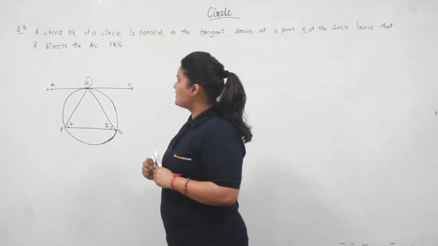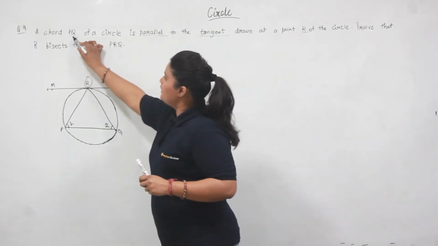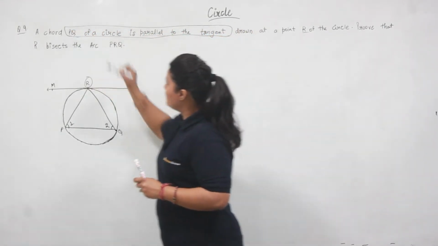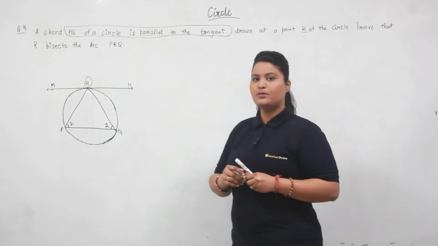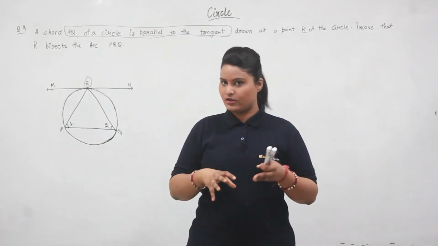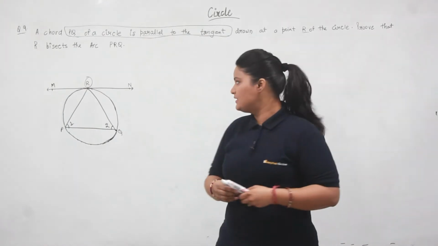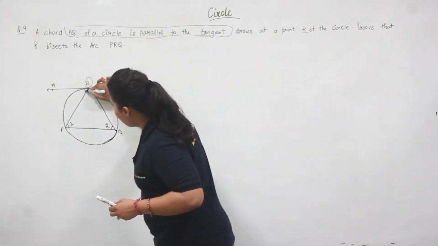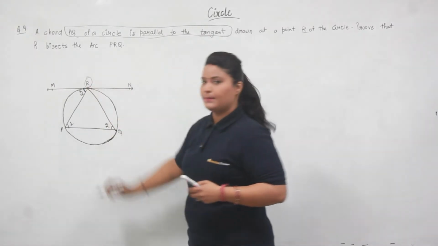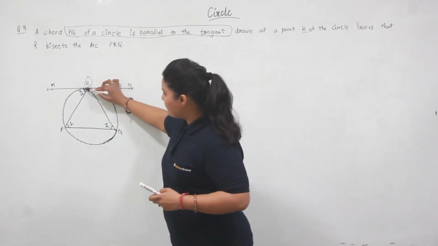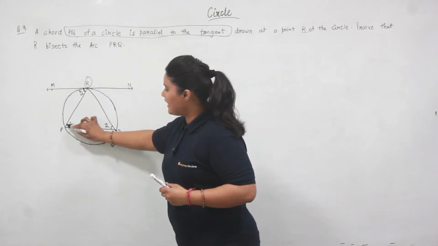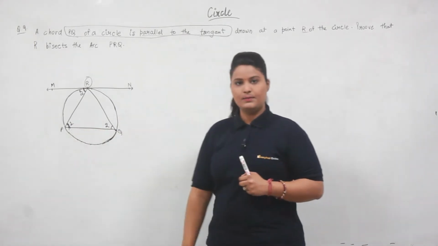Okay, there is one good statement that PQ of a circle is parallel to the tangent. So we can also apply the concept of parallel lines and angles like alternate interior angles. If I am talking about this angle, let's take it angle 3, then this angle is making an alternate interior angle with angle 1, right?